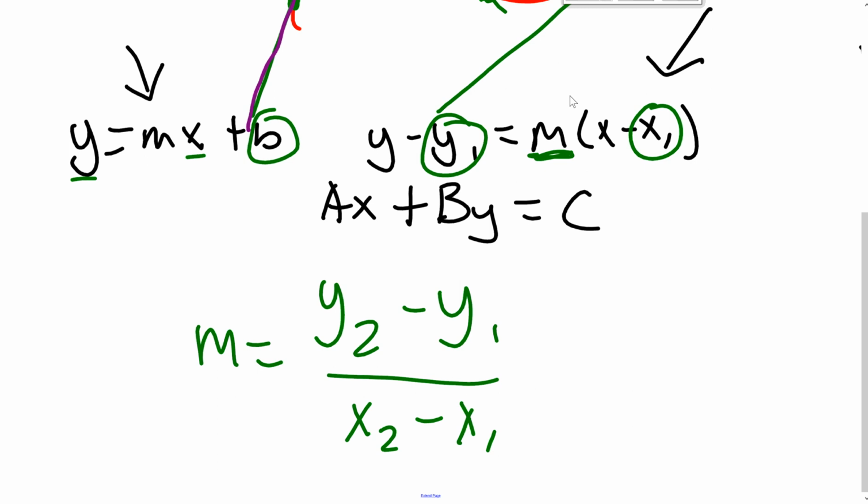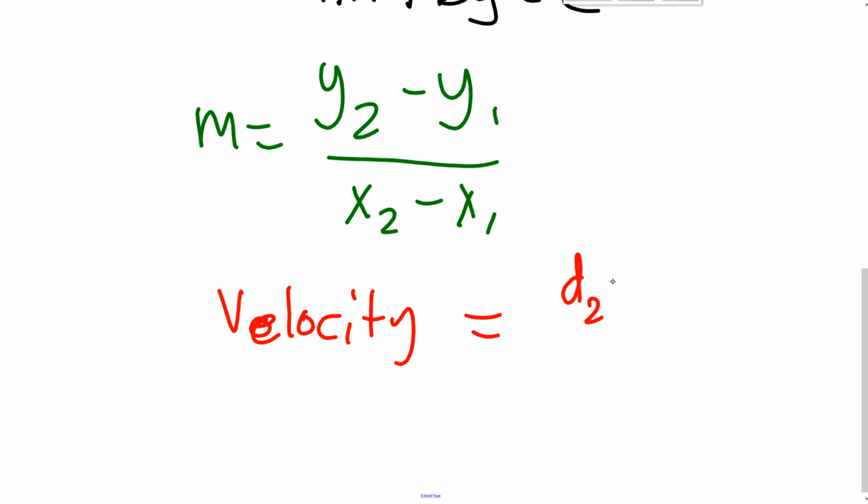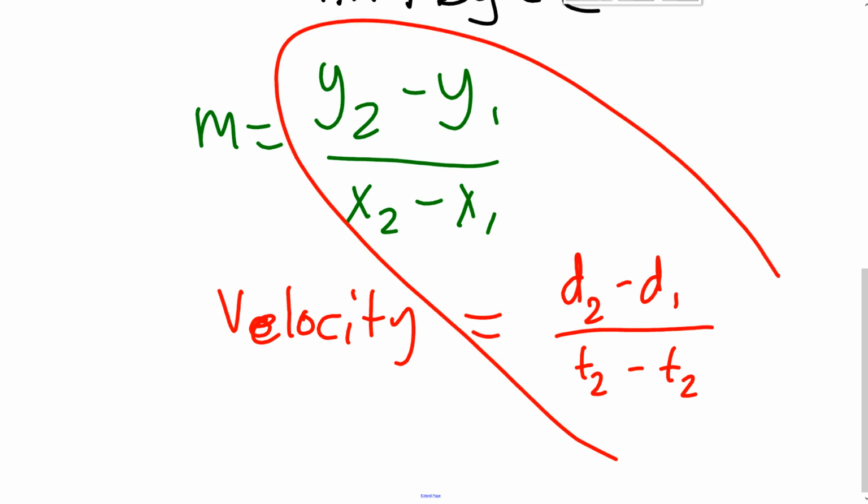And then we also talked about velocity and finding velocity, and we realized velocity is just distance over time. So there we also needed to calculate the distance between, say, the start distance and an end distance, or vice versa, and then the start time and the end time, or vice versa. Right, so really these two are actually the same, right?